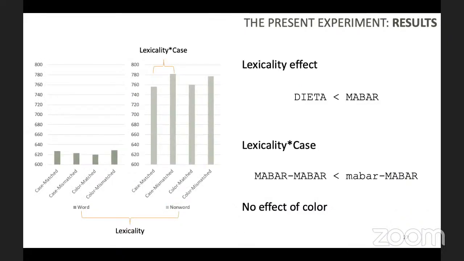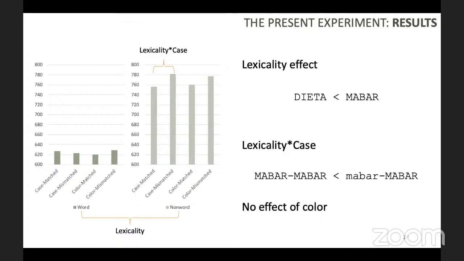So let's see. Results showed the typical lexicality effect, that is, response times were faster for words than for non-word targets. And furthermore, as in previous research, we found an interaction between lexicality and case.